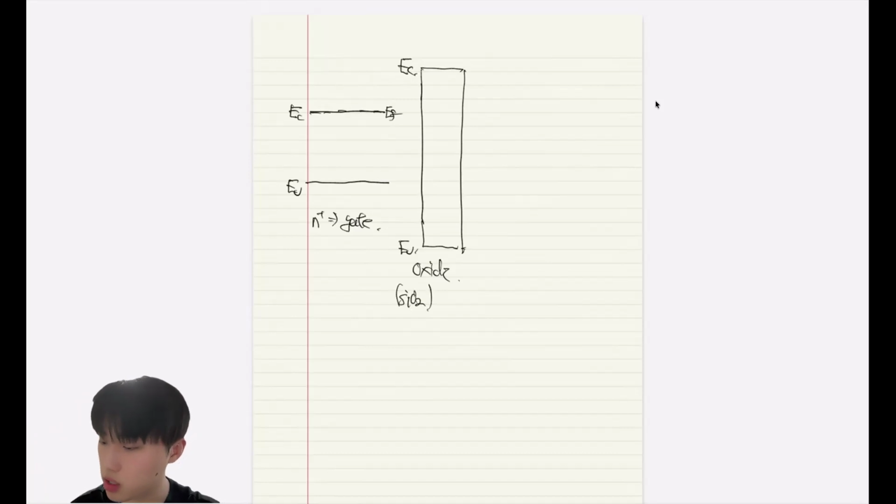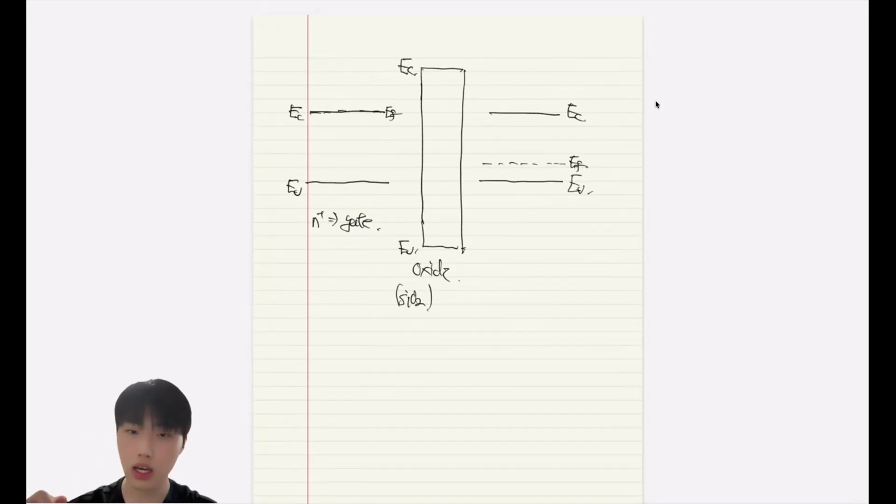And the right part, the semiconductor part, we use a p-type semiconductor. The p-type semiconductor's Fermi level is near the valence band. So I can draw like this.